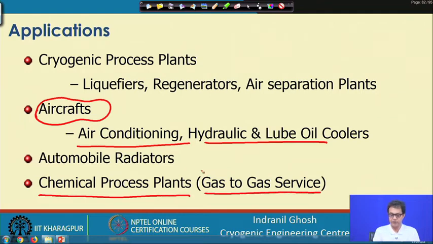This is particularly important. Why do we go for a gas to gas heat exchanger? Why should we restrict it to gas to gas? As you can understand, the hydraulic diameter of the fin passage is very small. So, we have a requirement of basically clean fluid.